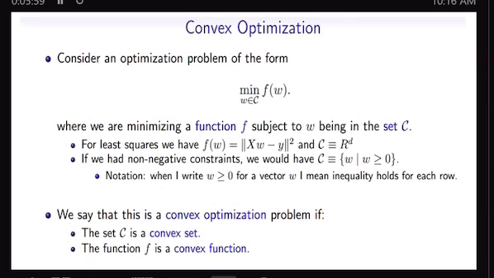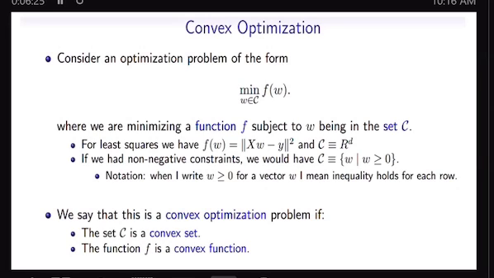I'm going to say that again. w lies in a set C, and we have a function of w that we want to optimize. And we expect that function to be convex. Before the function can be convex, the set has to be convex.